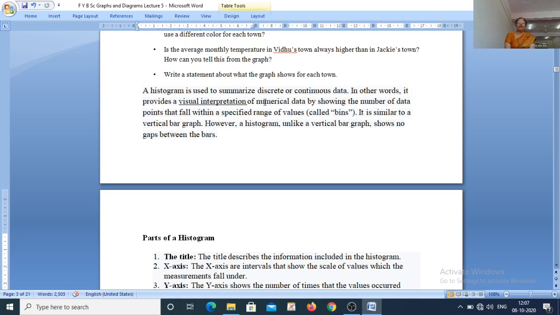For example, if we have data which is not continuous, for example, if we have the inclusive method of classification, that is, if my data is like this: 11 to 20, then 21 to 30, 31 to 40, like that. That means there is a gap between the upper limit of one class and the lower limit of the other class.